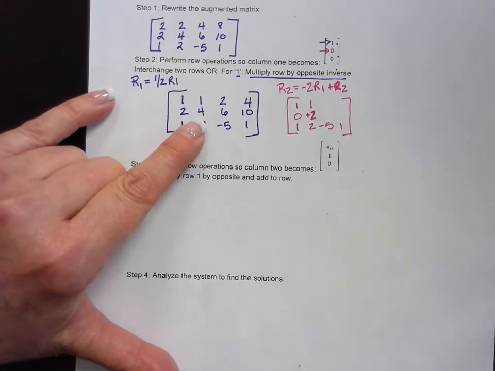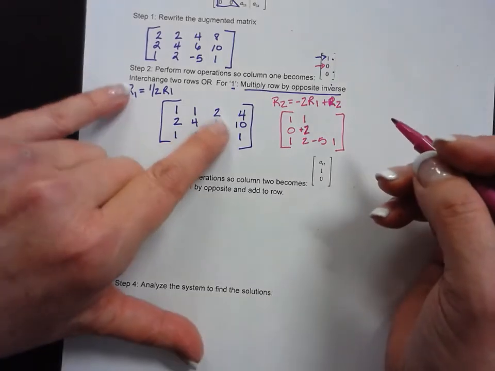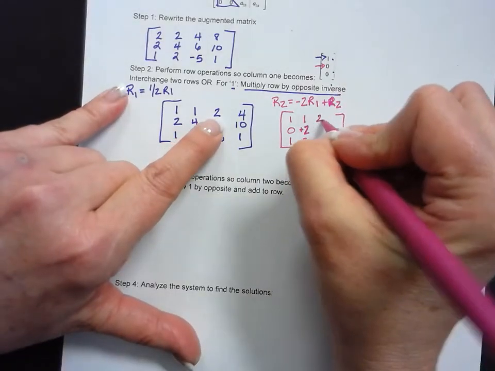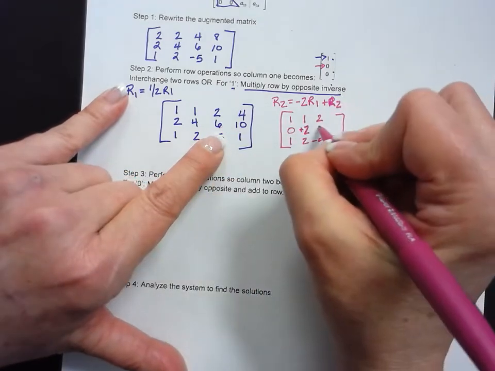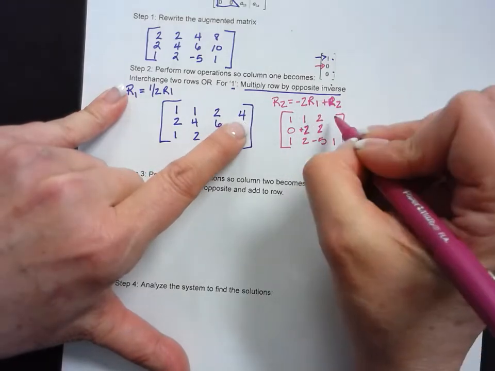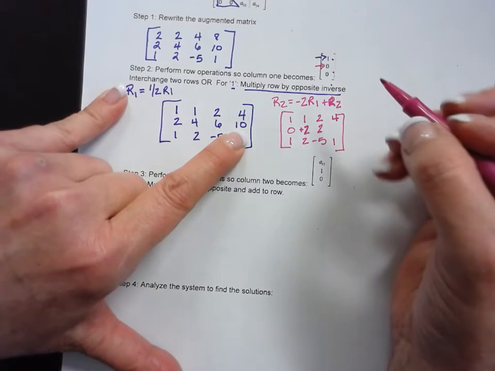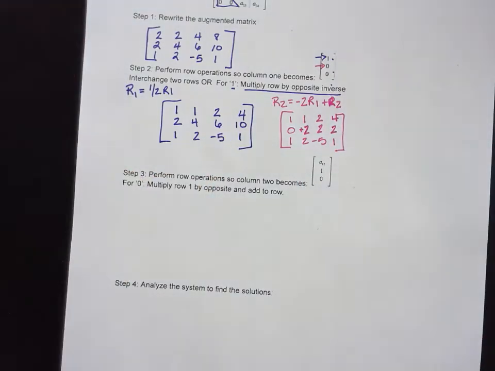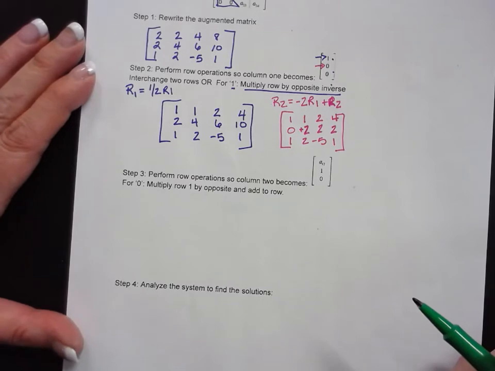That better? All right. -2 times 2 is -4. -4 plus 6 gives me 2. And -2 times 4 is -8. -8 plus 10 gives me 2. Okay? Good so far?